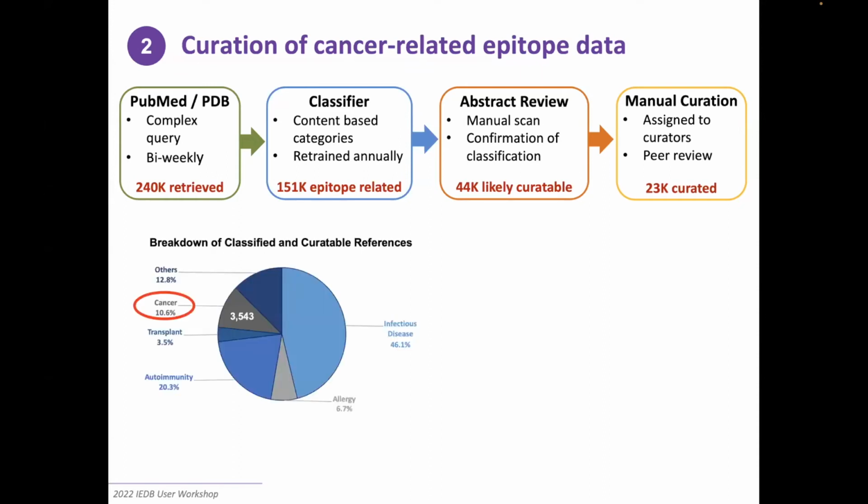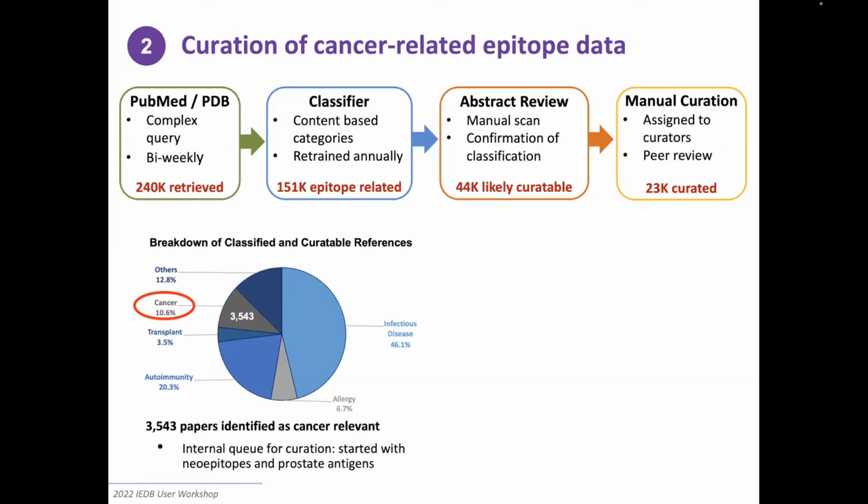So the interesting point of having this process is that at this stage, even though we had not started to curate them yet, we already identified and categorized the papers potentially containing cancer epitope information. And so we have somewhere between 3,000 and 4,000 potentially relevant records.